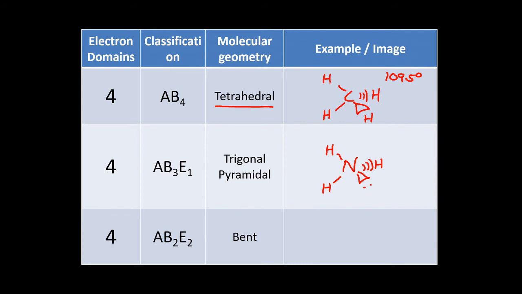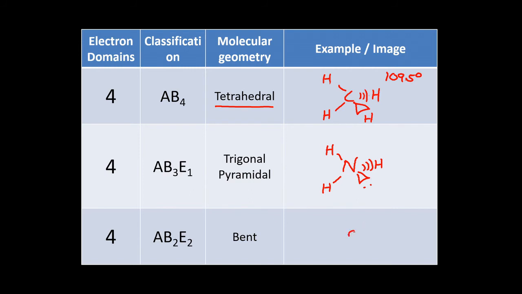Again, the electrons are still arranged the same way. I can't really draw it where you could see it, but if you could see the model here, the three bonds make a triangle that would be like the base of a pyramid, because they all go up towards the nitrogen. So we get the name Trigonal Pyramidal for this molecular geometry.